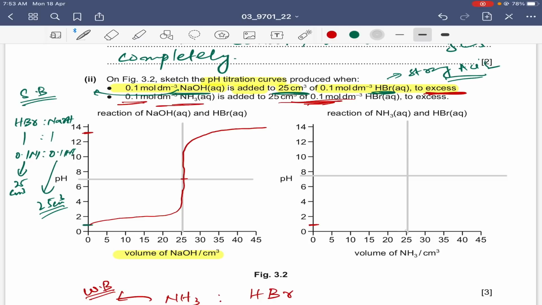This time, because we are adding a weak base into a strong acid, the graph would be something like this. The equivalence point would lie in the acidic range. So this would be the graph when we add ammonia, a weak base, into HBr, a strong acid.